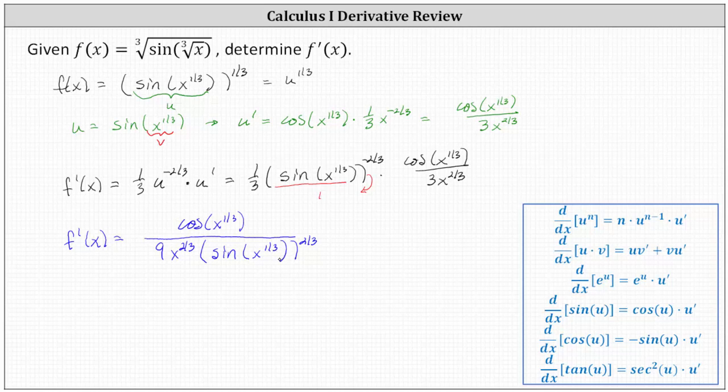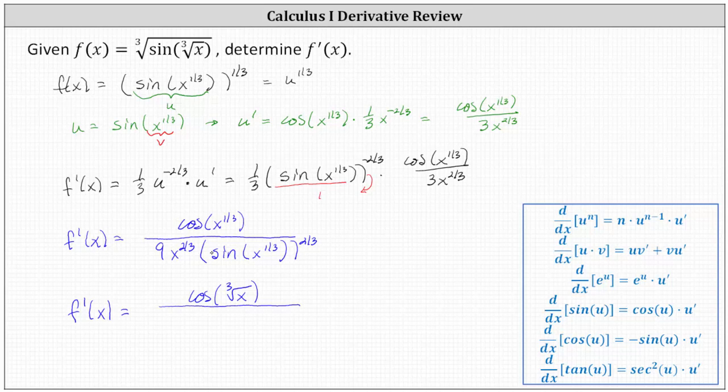And this is perfectly fine for the final derivative function using rational exponents, but let's also write this back in radical form. We can also write the derivative function as f prime of x equals, in the numerator we'd have cosine of the cube root of x.